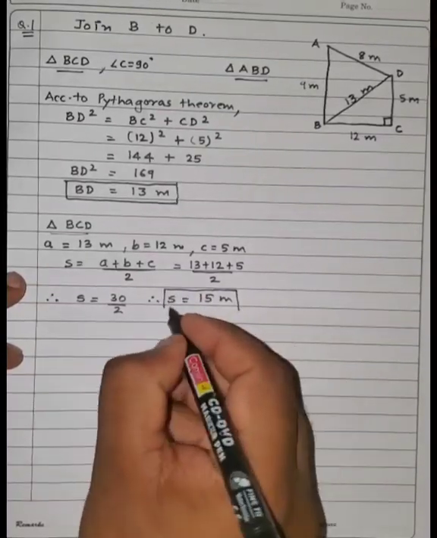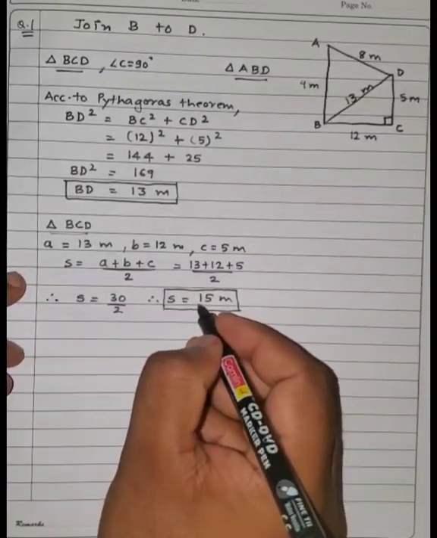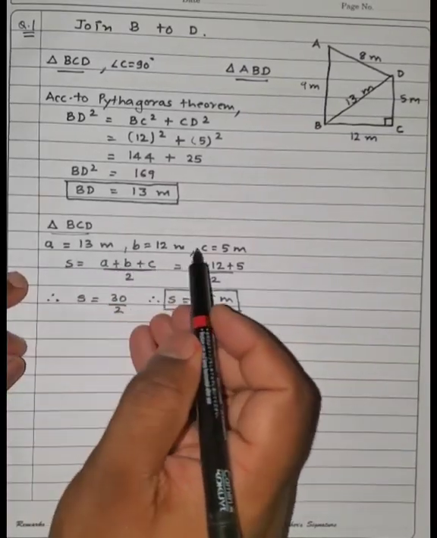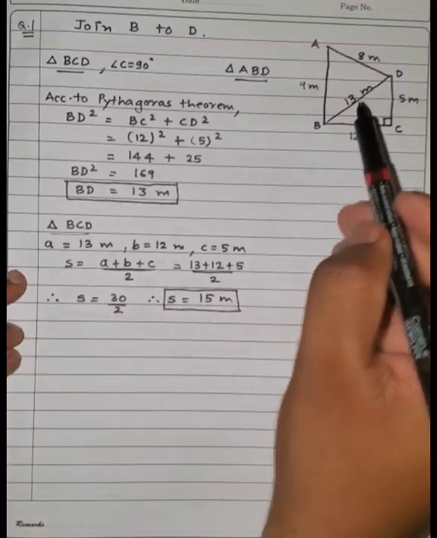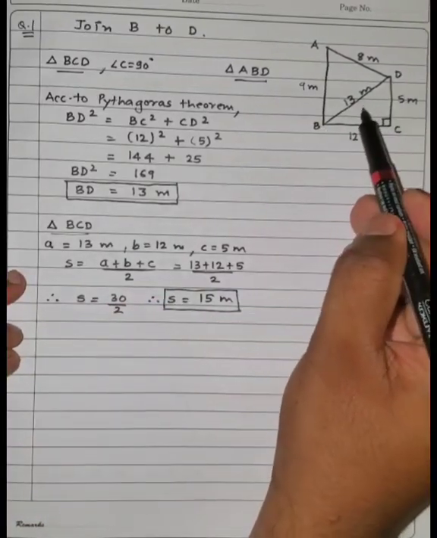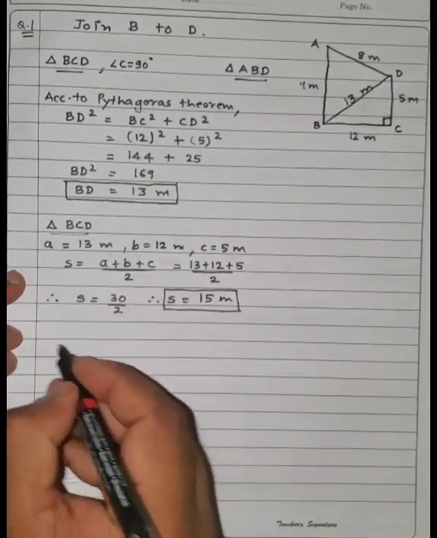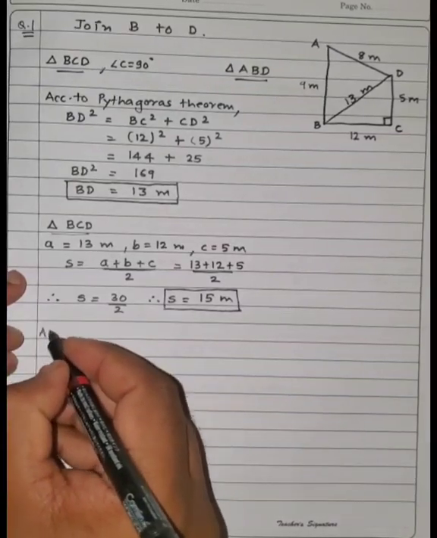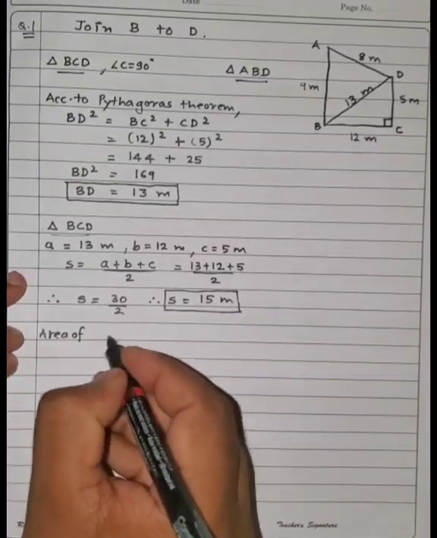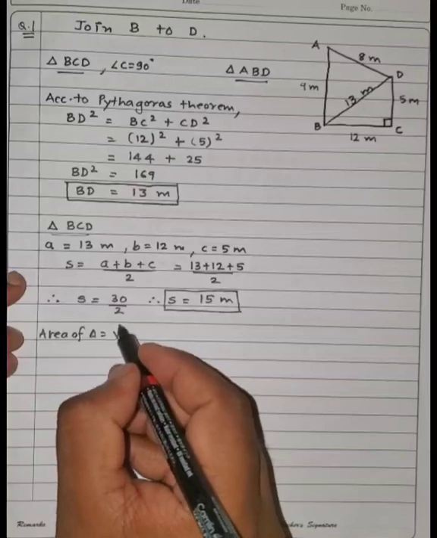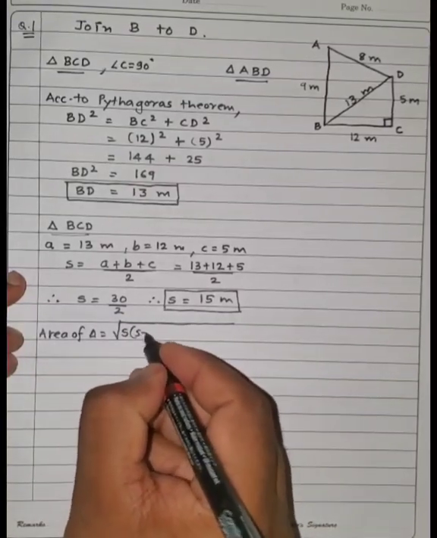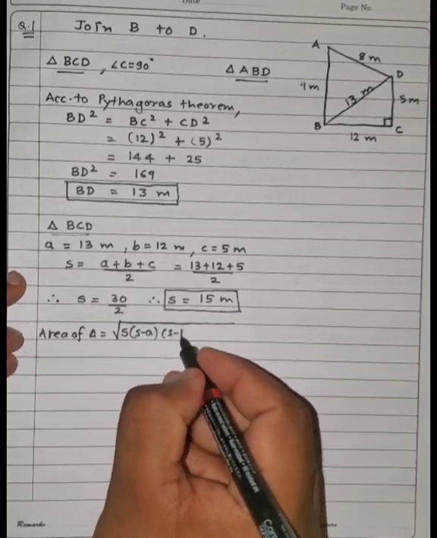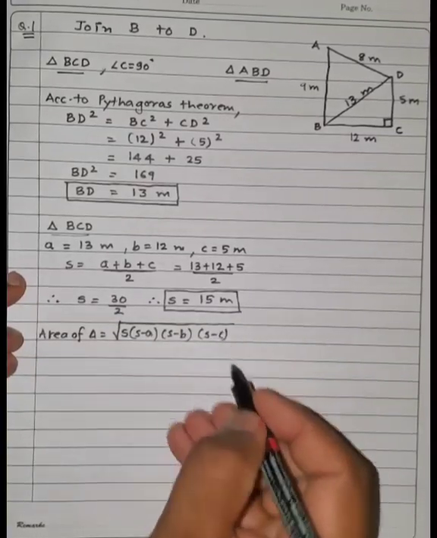Now, what am I supposed to do next? Use the semi-perimeter and the measure of the three sides of the triangle to find the area of triangle BCD. So, let me do that. Area of triangle can be written as square root of s into s minus a into s minus b into s minus c.